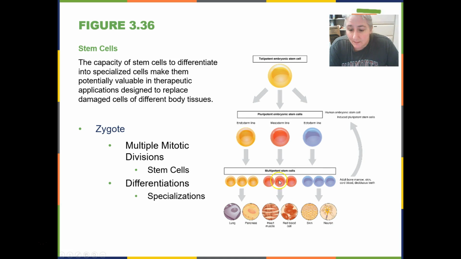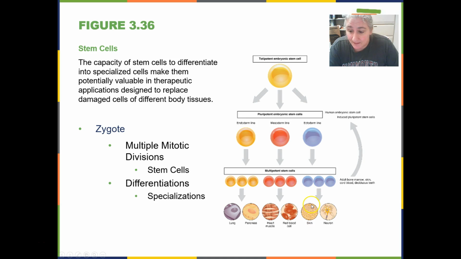Then you have multipotent stem cells, which are stem cells that will produce new copies of structures. So like you might have an epithelial stem cell that produces more skin tissue or epithelial tissue.